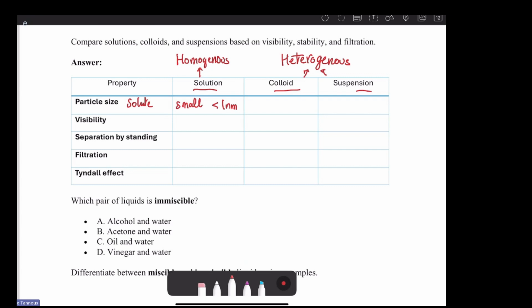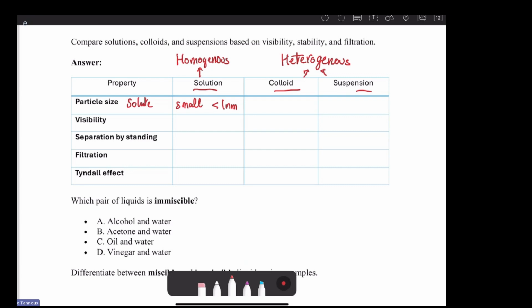You need a microscope. However, in the colloid, you can see the particles because it's a heterogeneous mixture, but the particles are not large enough to be clearly separated and settle out in the mixture. For example, when I mix sand with water, the sand particles are large, so they settle out, they precipitate.